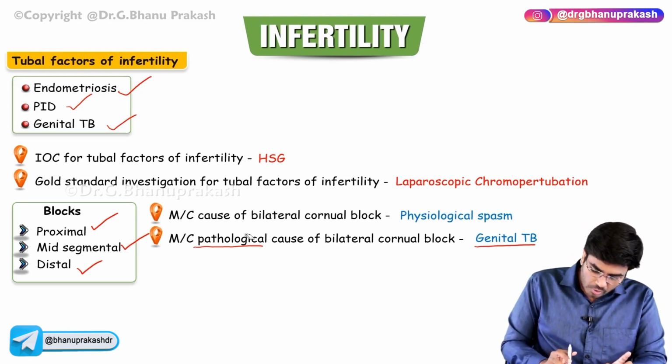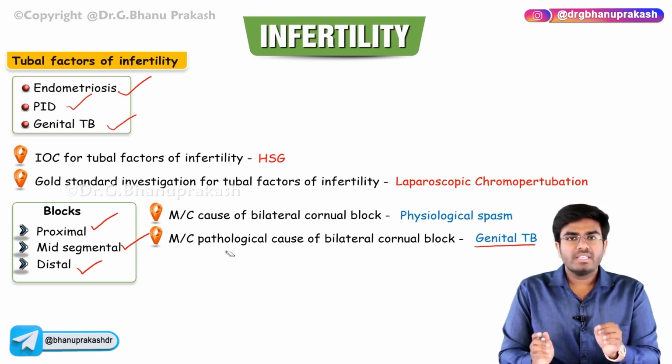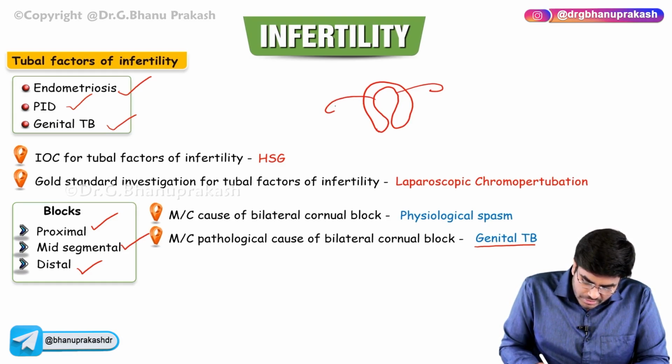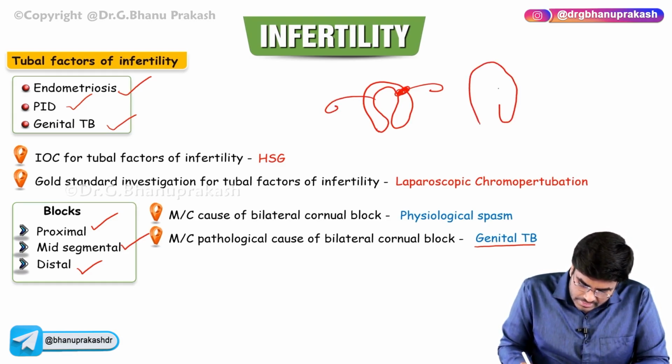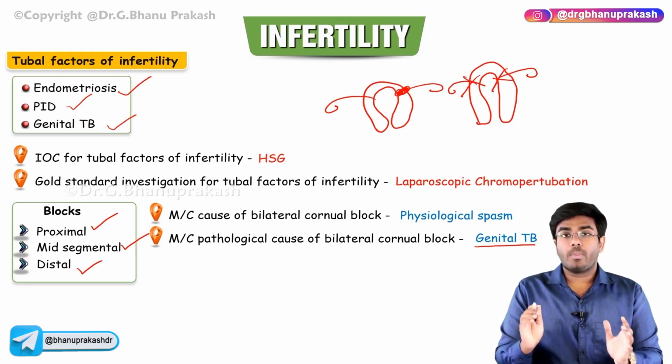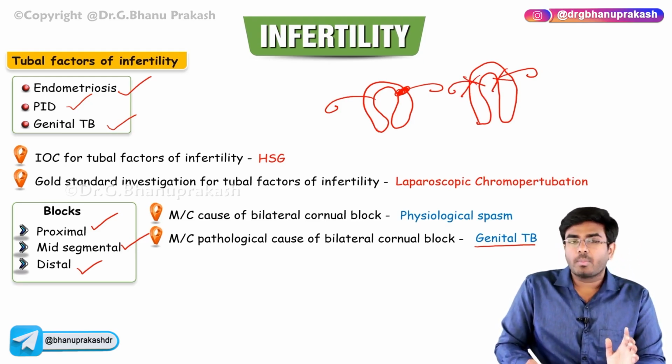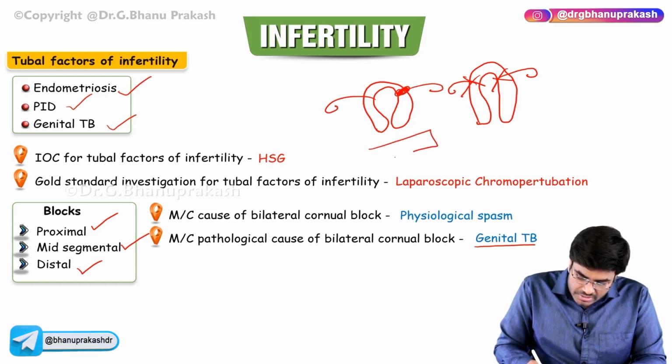One important point I want to put into your mind. Guys, for example, in one condition there is a unilateral block, and in the other condition there is a bilateral block, which means both sides of the tube got blocked. Now, which condition will be operated, and which is not operated? If there is a unilateral block, usually operation is not needed.